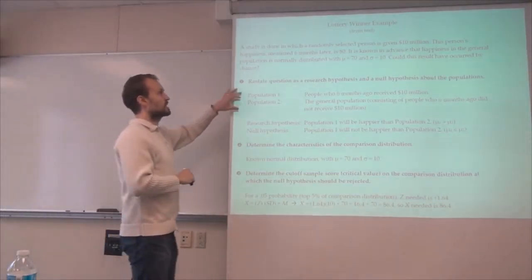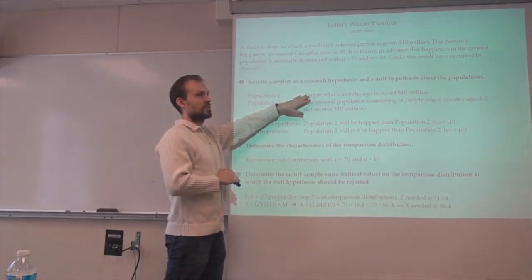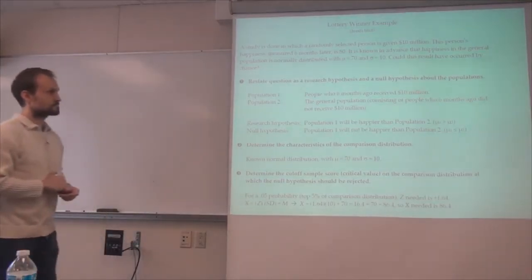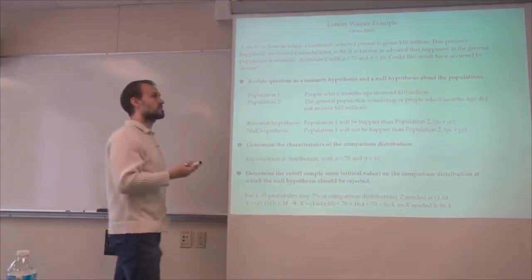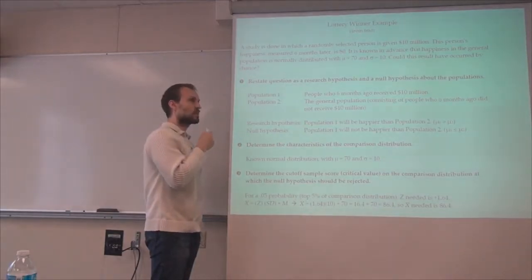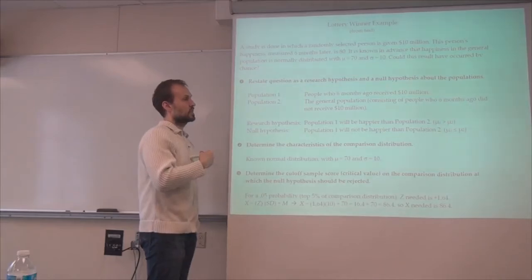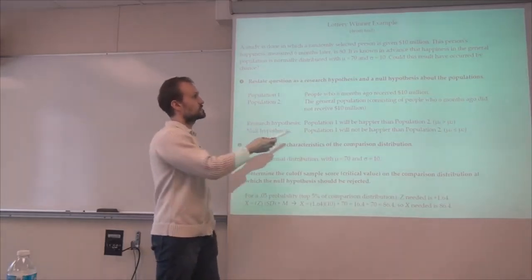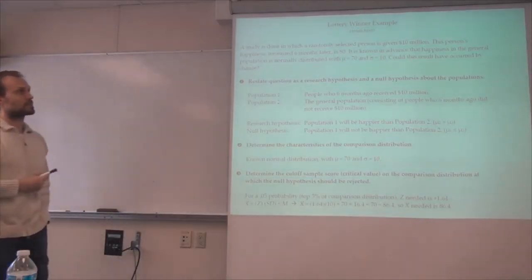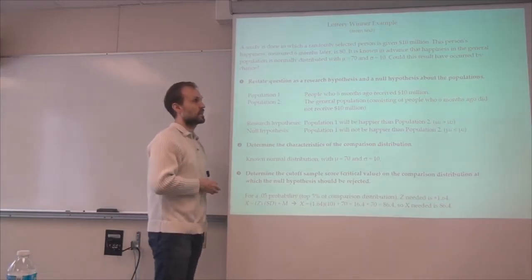So my two populations in question are people who got $10 million 6 months ago and people who did not. What am I hoping for? The research hypothesis is what I'm hoping to prove: that people will be happier with the $10 million 6 months down the line.